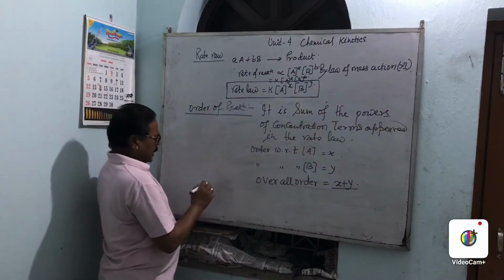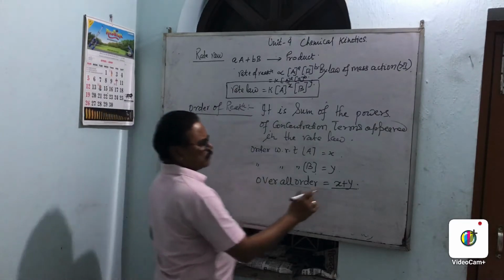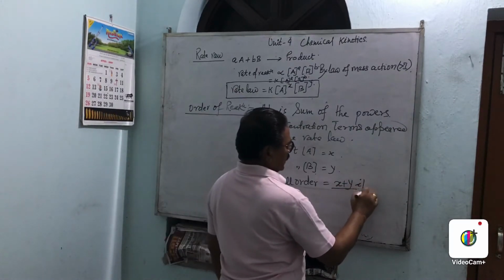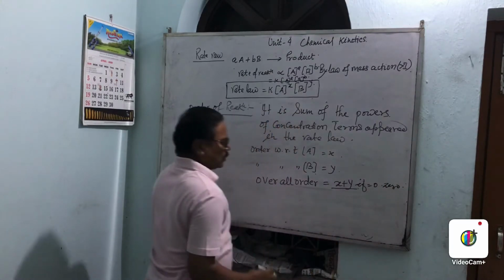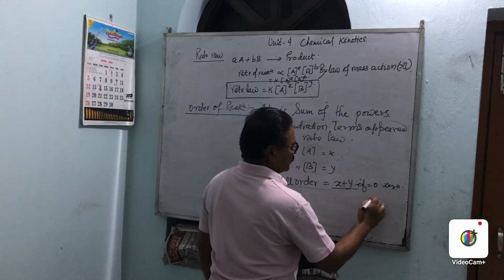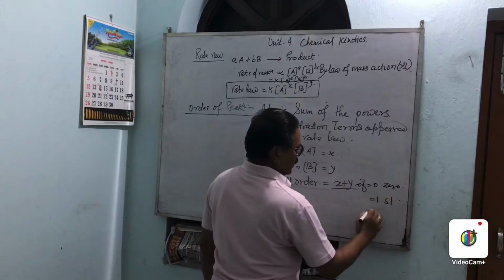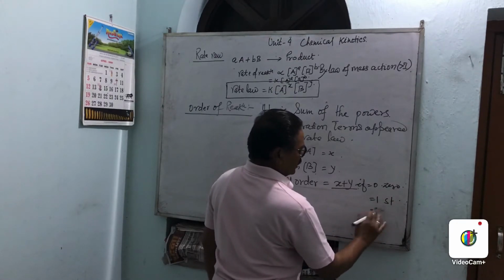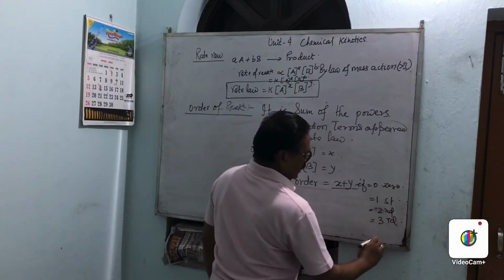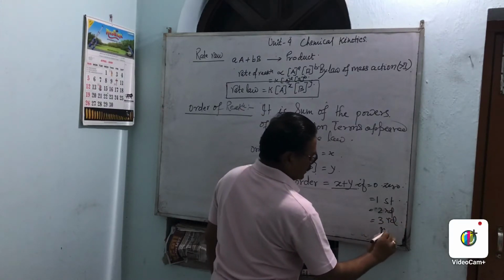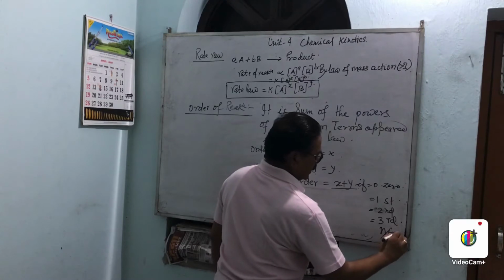If x plus y is equal to 0, then it is zero order. If the sum of x and y is 1, then it is first order. If the sum is 2, then it is second order. If the sum is 3, then it is third order. If the sum is n by 2, that is called fractional order.